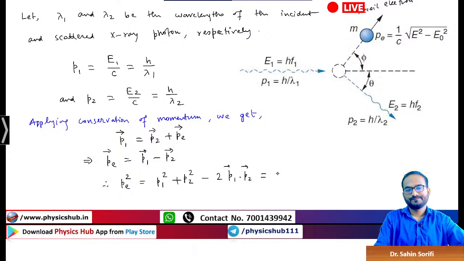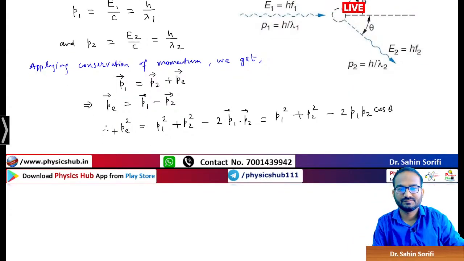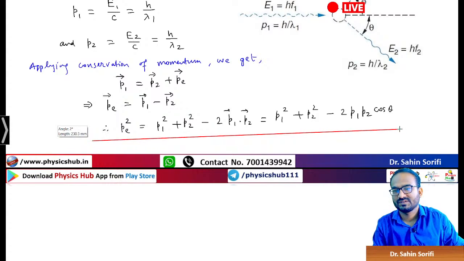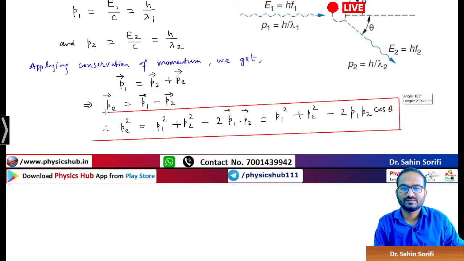What does it mean? P1 square plus P2 square minus 2 P1 P2 cos theta. We will utilize this value of Pe square later in the upcoming calculation, so we are saving it for the time being.